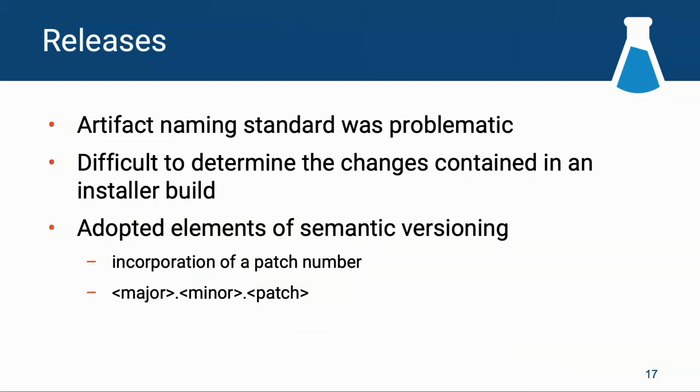So for a while, we were doing a very bad thing in our artifact naming, which was essentially that the artifacts and the installers that we deliver, we named them the same, and they would have different code in them, which made it difficult for the services team and our clients to know what's in this thing that is called 18.3, whatever.